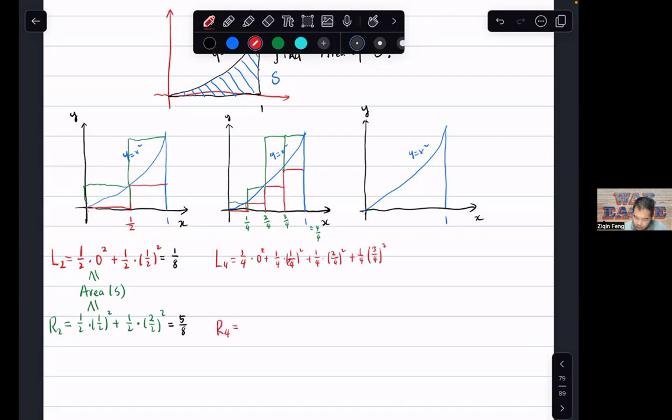So this is 1/4 times 1/4 squared plus 1/4 times 2/4 squared plus 1/4 times 3/4 squared plus 1/4 times 4/4 squared. So the area of S is in between these two numbers, right? You can evaluate them, right?